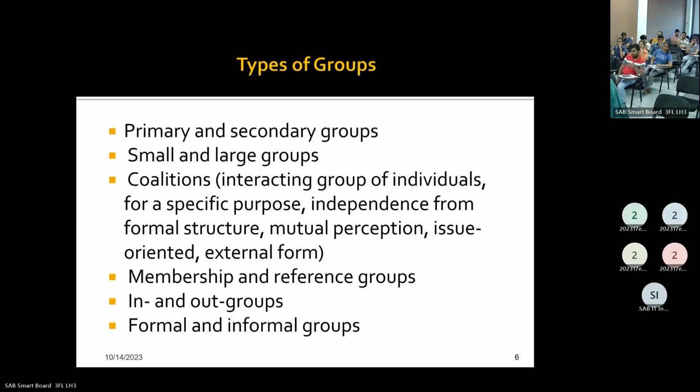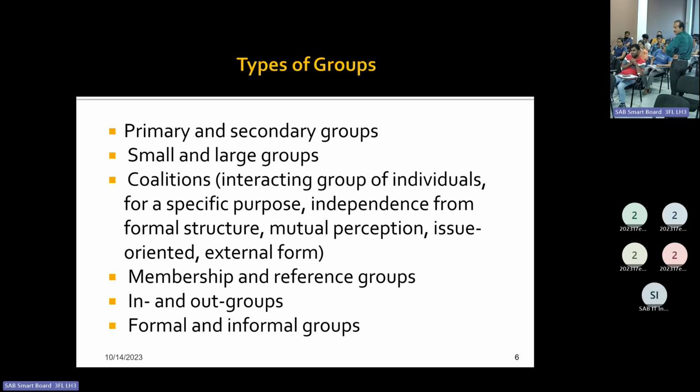Then, in comparing the Australian team with the Sri Lankan team, we are following the use of reference groups, to compare different groups. Then, in and out groups are similar to the formal and informal groups, but there are differences.